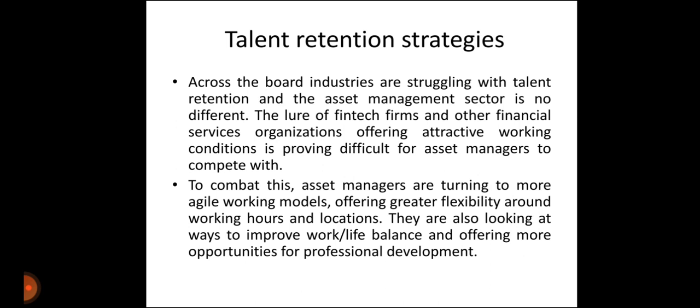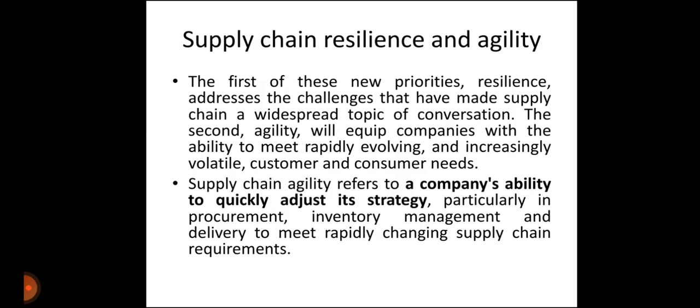They are also looking at ways to improve work-life balance and offering more opportunities for professional development. Okay, so this is another recent trend. And another thing is supply chain resilience and agility.